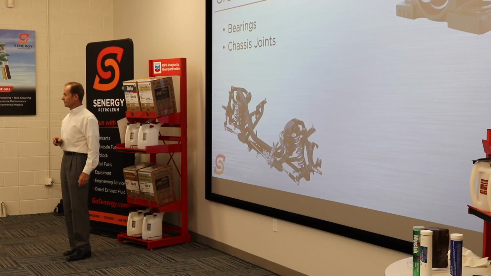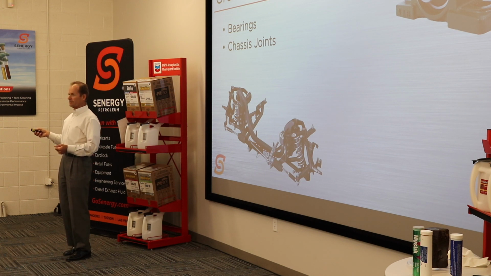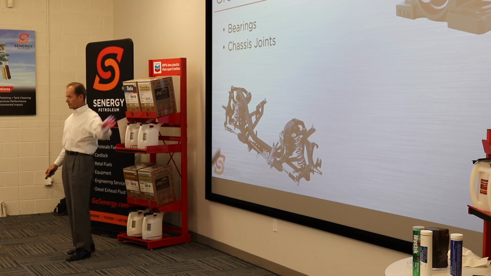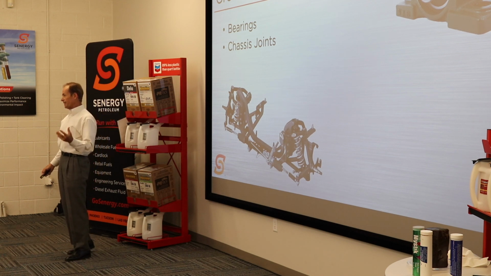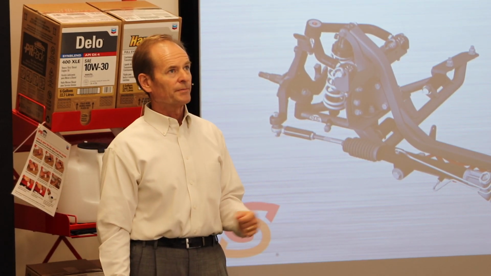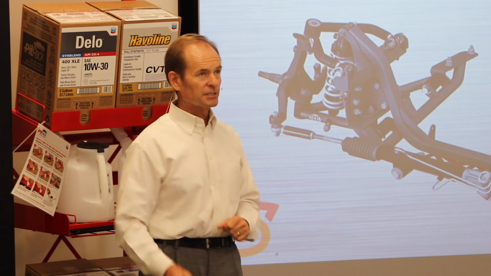Chassis joints. Most automotive chassis anymore, for the past couple of decades, are sealed for life. So Goober's not doing lube jobs anymore. But trucks, heavy duty and other mobile equipment do have chassis that need to be lubricated.